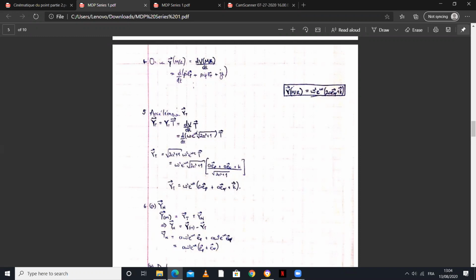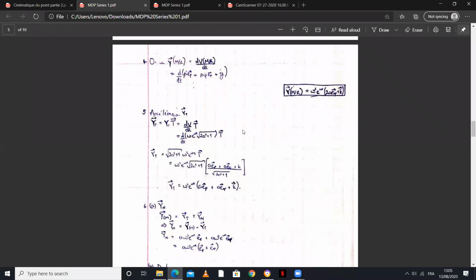The derivative of omega t par rapport à t is going to give us omega, so we have omega multiplied by the entire expression. That's how we have omega carré exponential omega t, multiplied by this same constant term, suivant t.